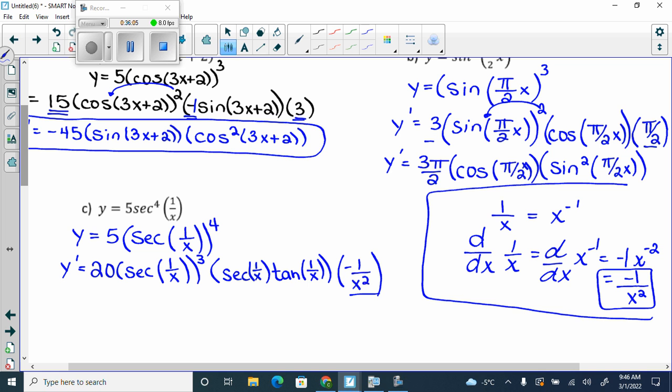And then this will join this usually, and we'll get negative 20 over x squared.